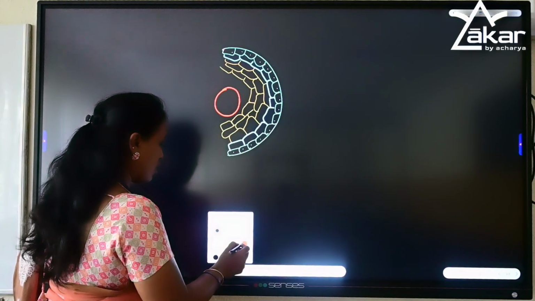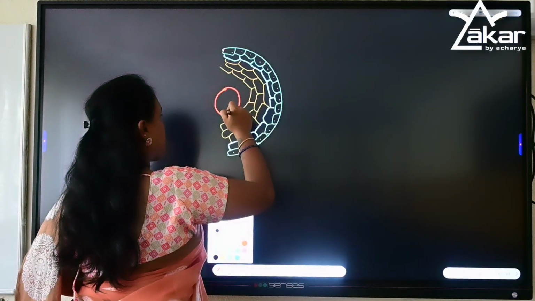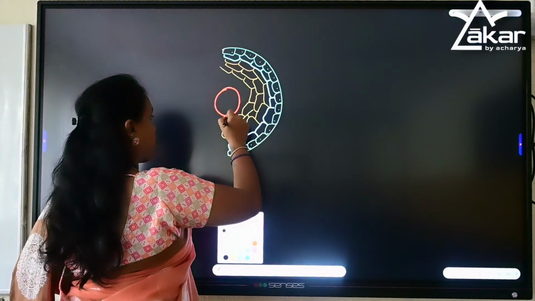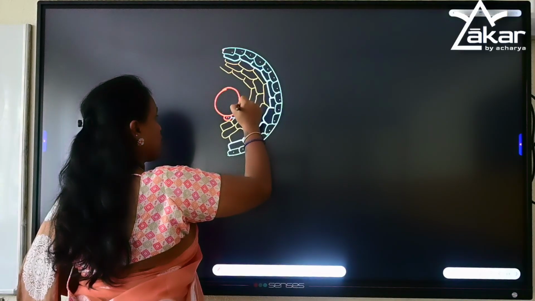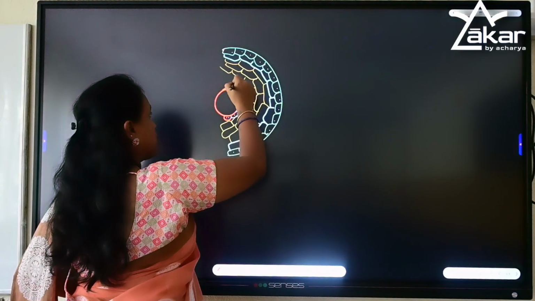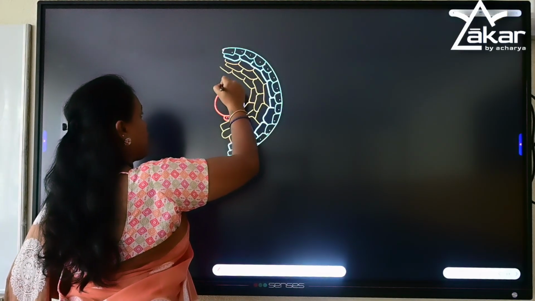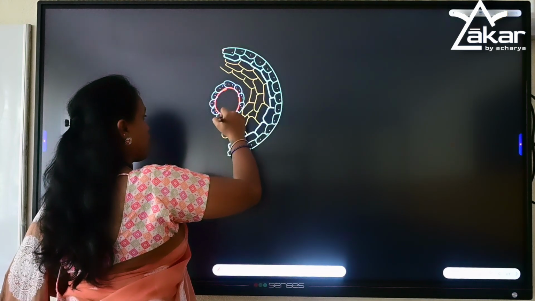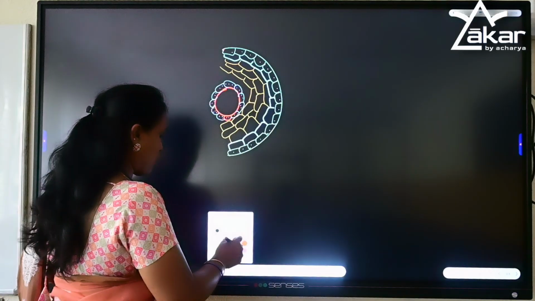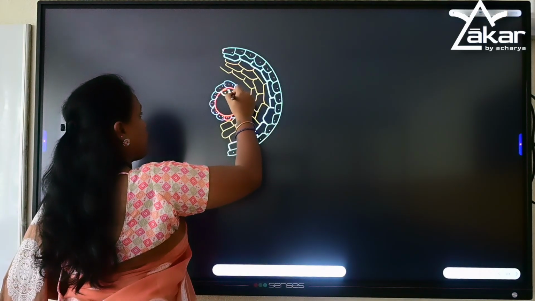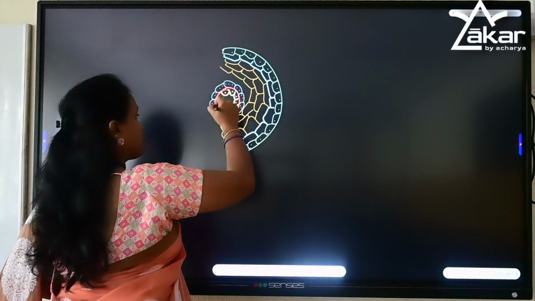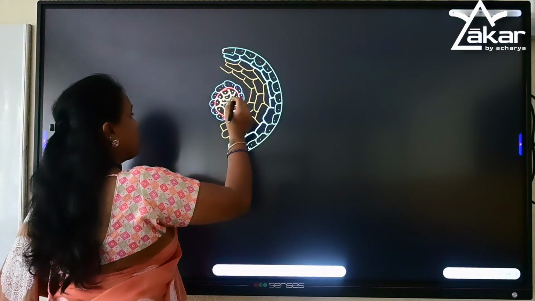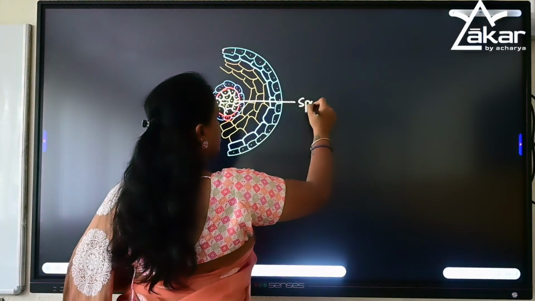Then the next is tapetal cells, with dense cytoplasm, multinucleate. And inside the microsporangium, what is present? We have the sporogenous tissue.